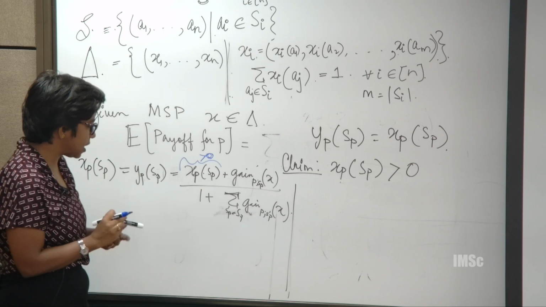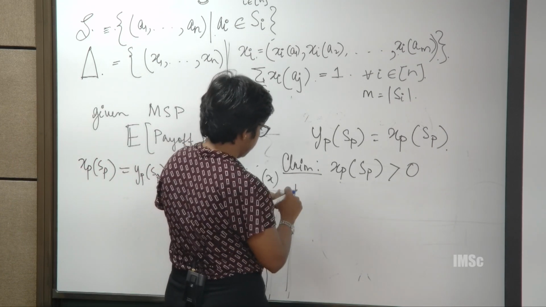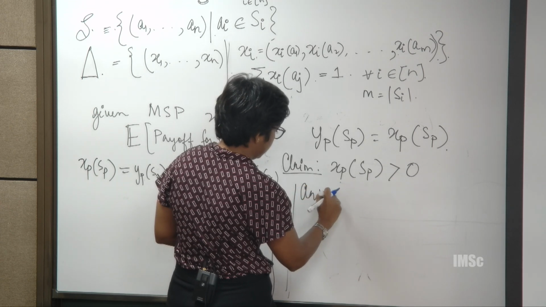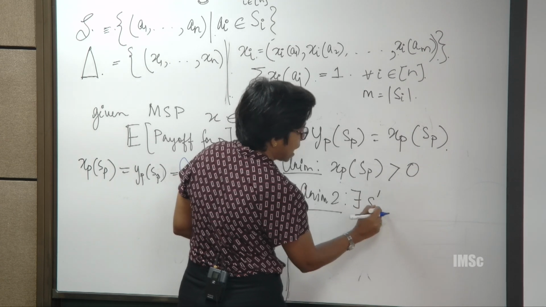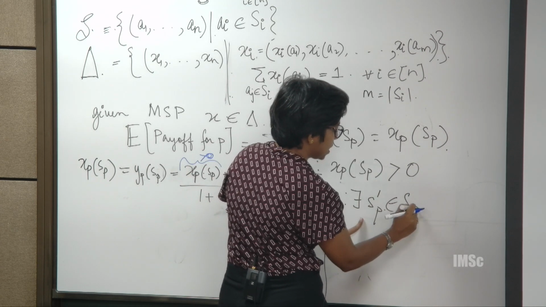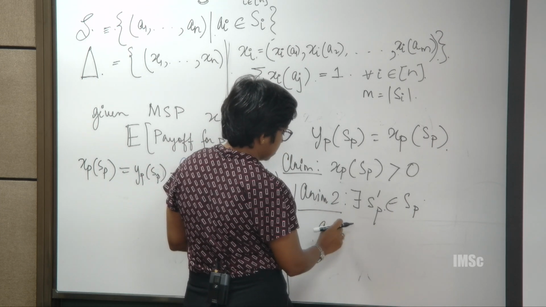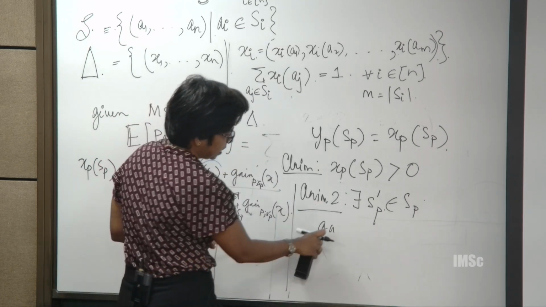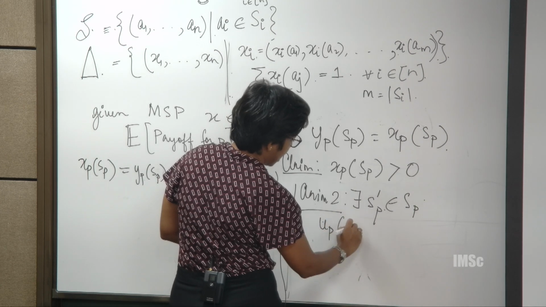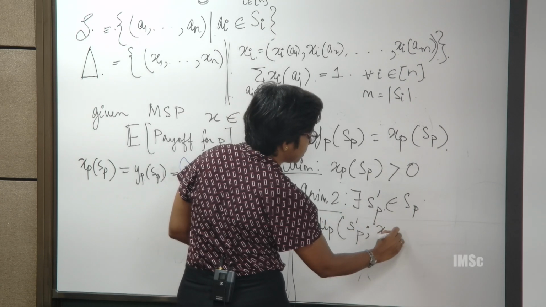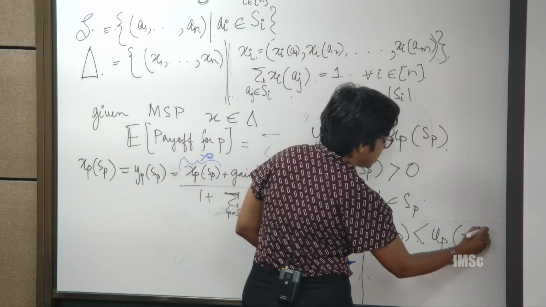If XP is greater than 0, I claim there exists an action for this player such that gain will always be 0, I want to write it this way, UP. If this guy switches to something, he actually gets less than what he was getting before.